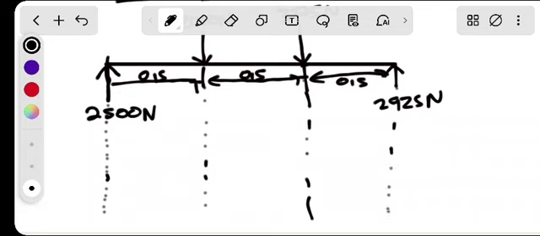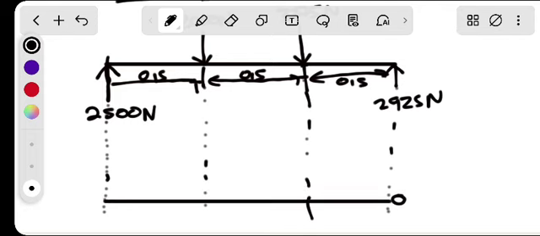We can do this to become our zero reference. Obviously, first we'll have 0 there. We know that the force is going upwards. The reaction will go upwards, 2050 Newton.